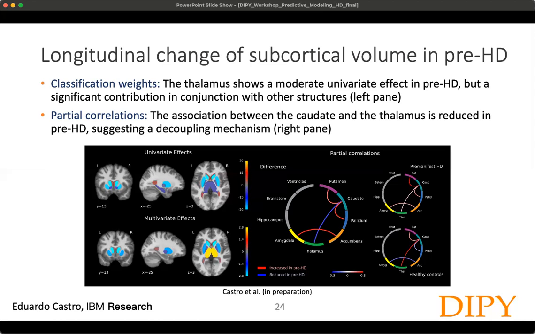And it is by virtue of this association that the thalamus has with the caudate, which undergoes significant atrophy, that it becomes in turn informative of the detection of pre-manifestation. So again, this gives us an intuition of the atrophy processes happening in the brain, looking at these effects in an integrated way as opposed to an isolated way.